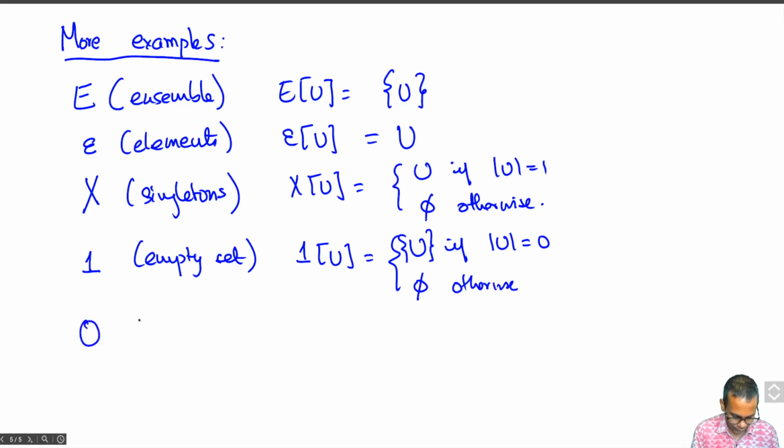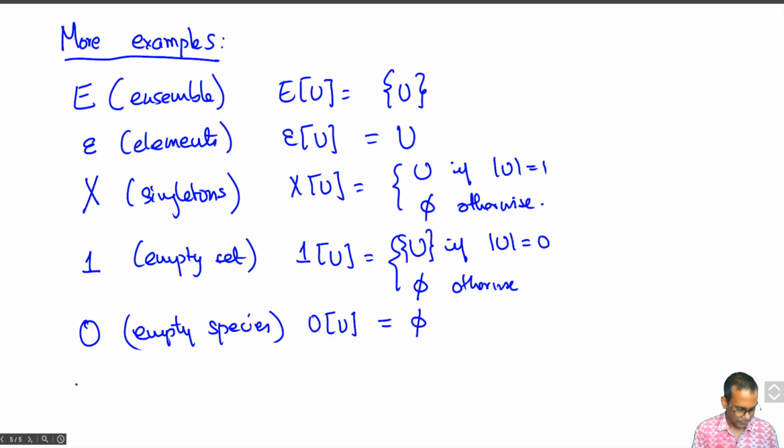And there's an additive unit which we'll call the empty species. And this is just going to be empty for every set u. And finally, Ek is a set of size k.